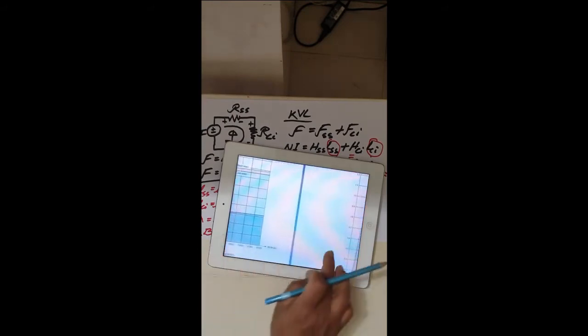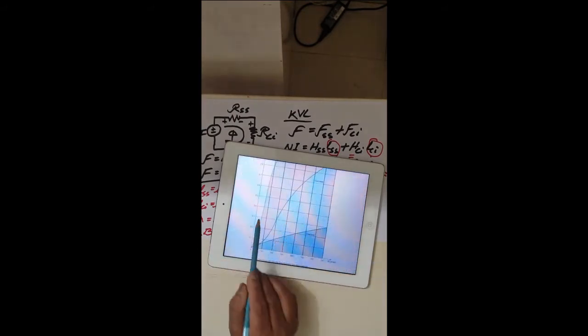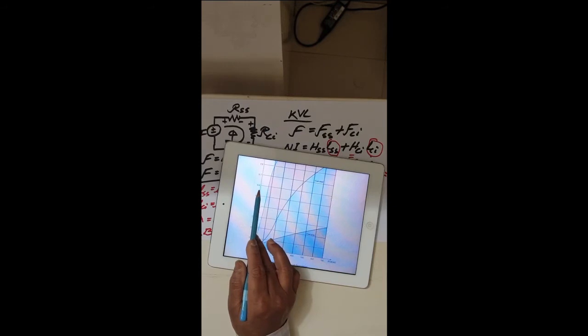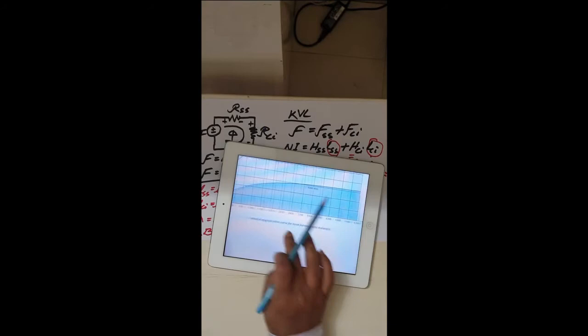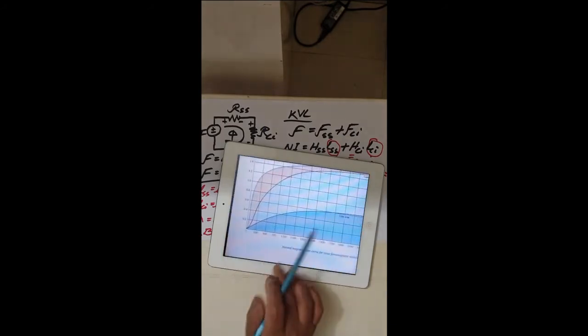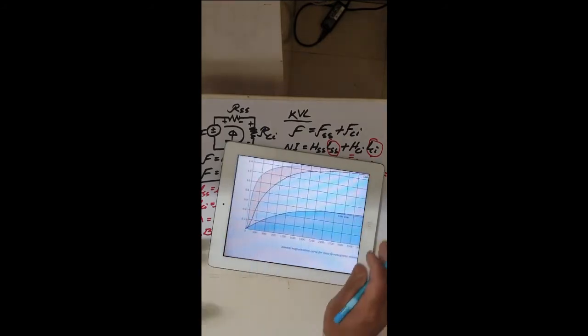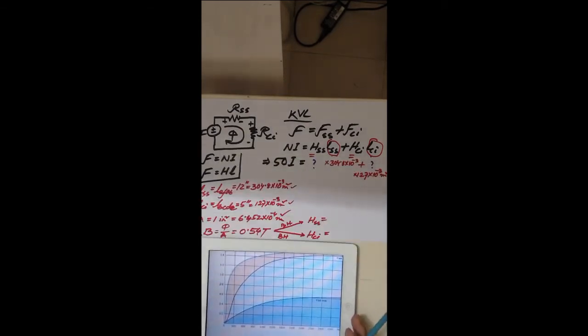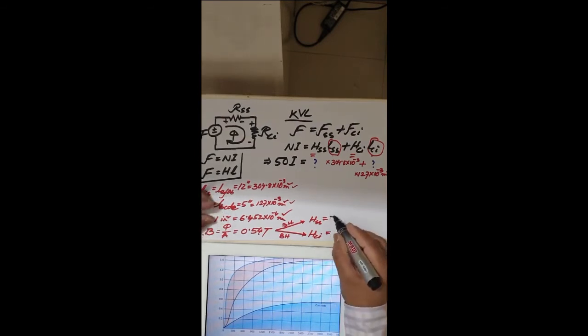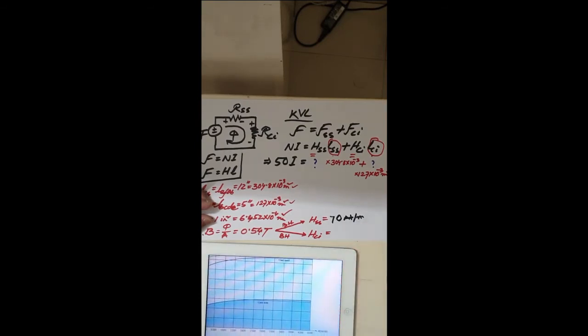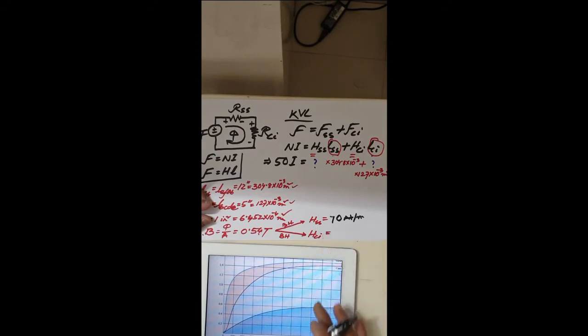Or if you go to the other curve, it's very similar. 0.54 is going to give you 70 approximately. Whatever it is, you can just consider approximately 70 ampere turn per meter. So the value is 70 ampere turn per meter for this H.